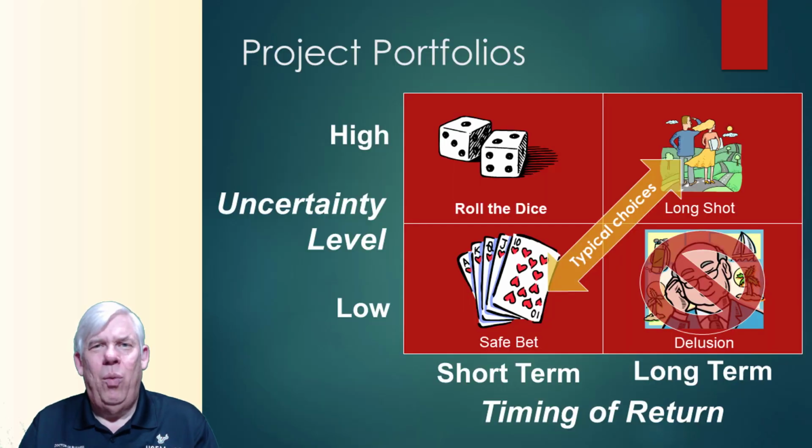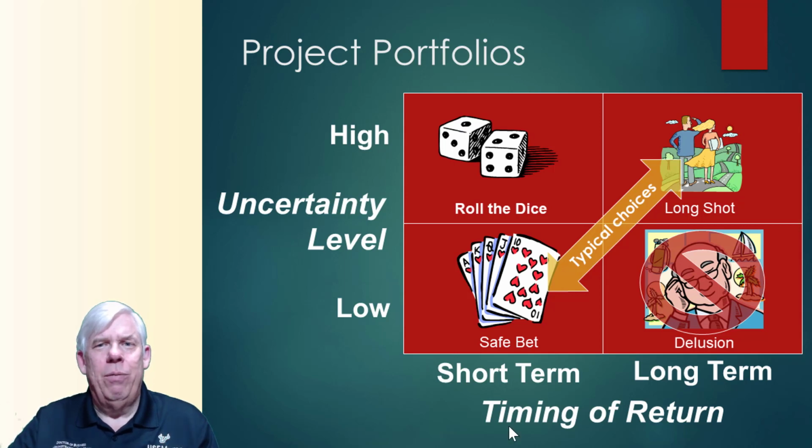Another example where portfolio theory is used in strategy is project portfolios. And this is particularly common with respect to information technology projects. And here what you have is two dimensions.